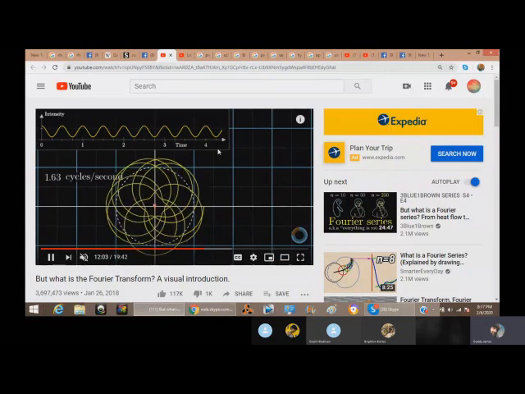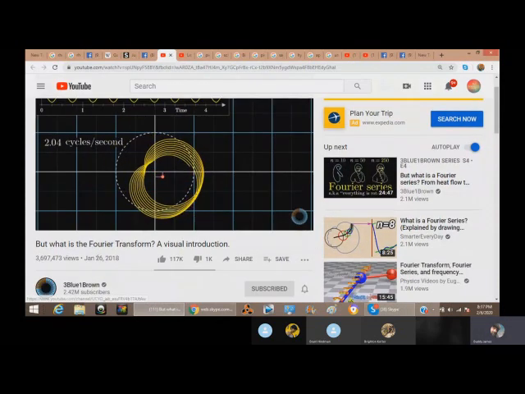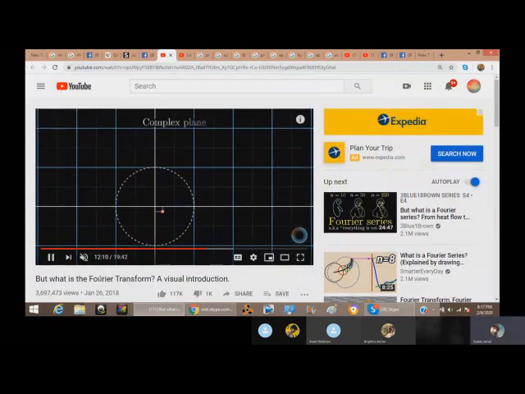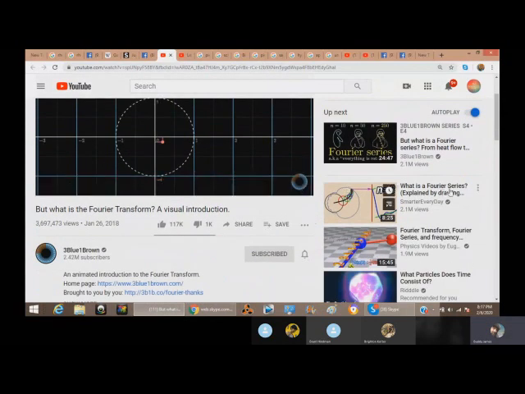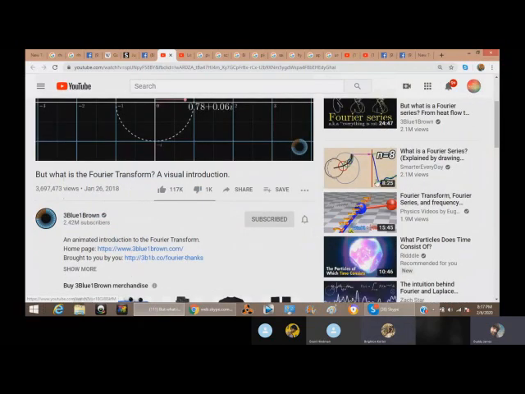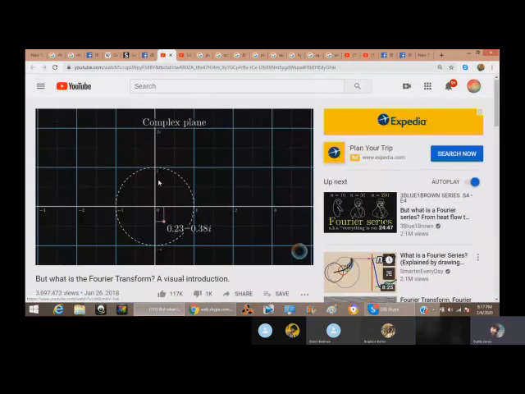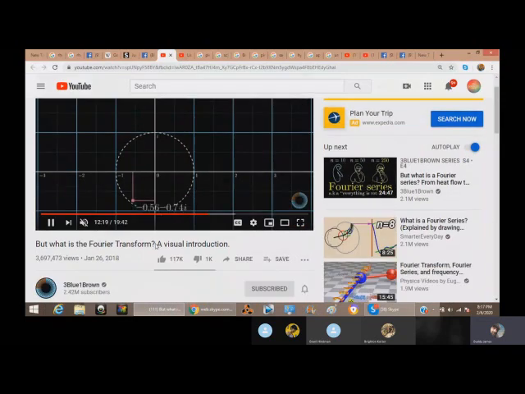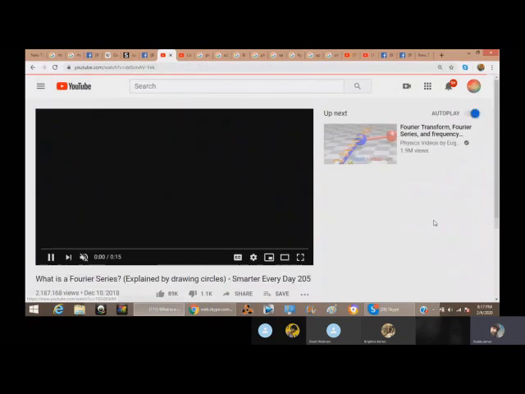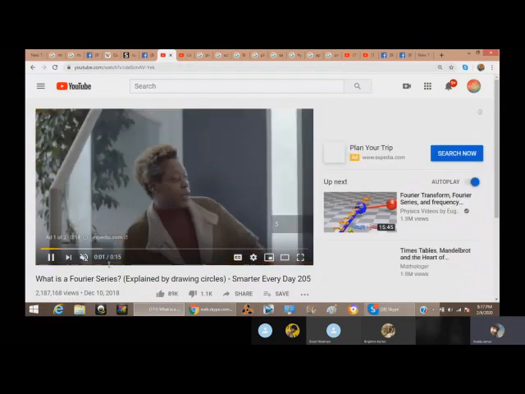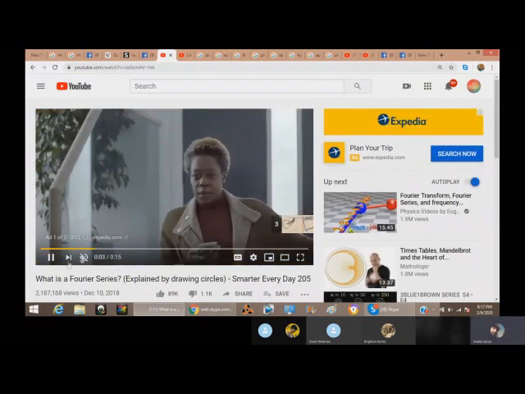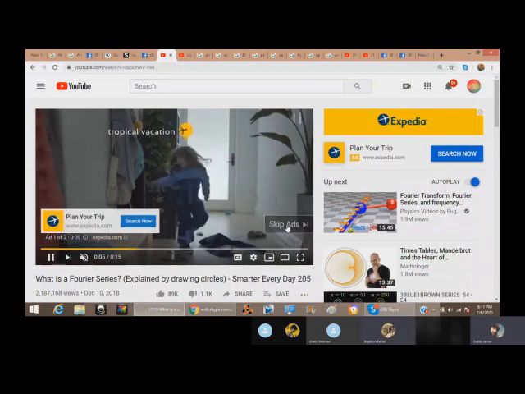I remember watching this, and we have to remember the difference between a Fourier transform and a Fourier series, because they're 2 separate things. Now here's a Fourier transform that you were just showing me, and a Fourier series is this. Yeah, I can do this. This is a great one.